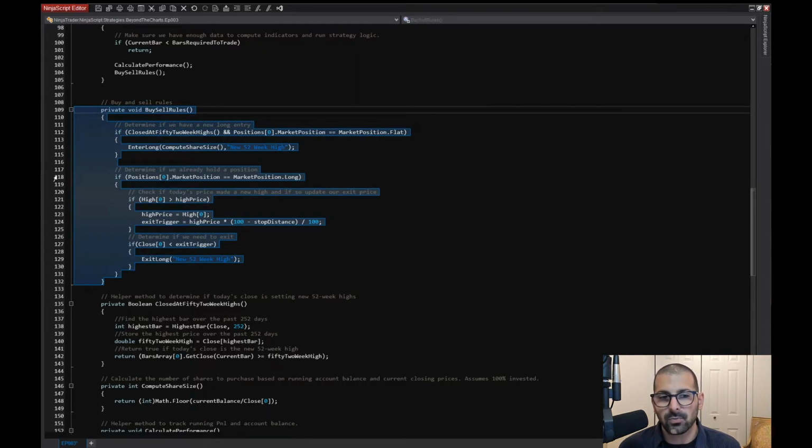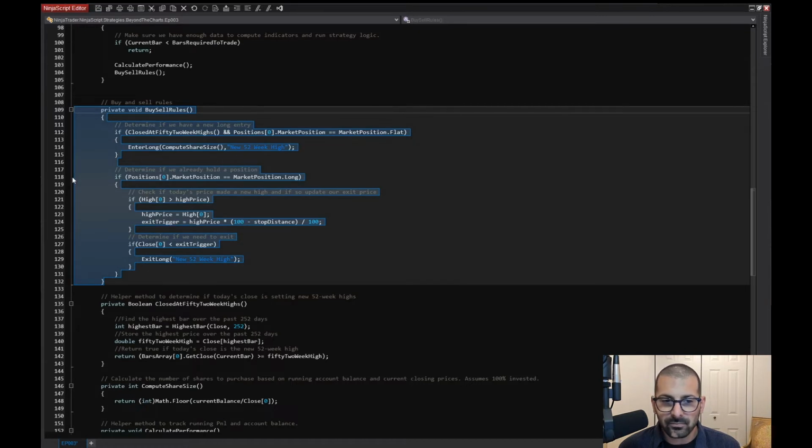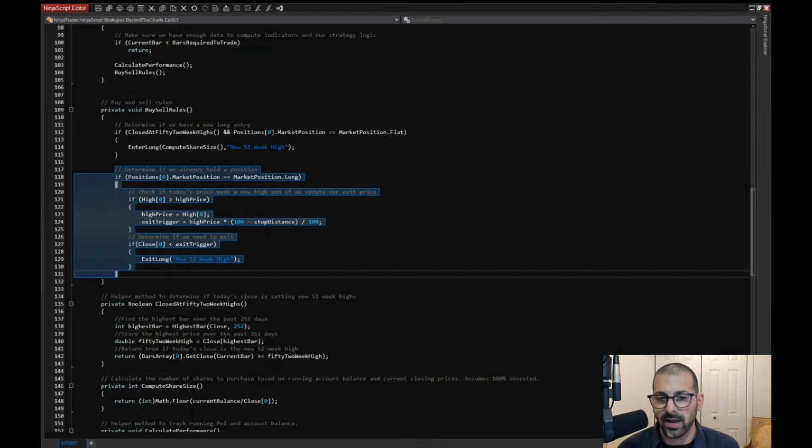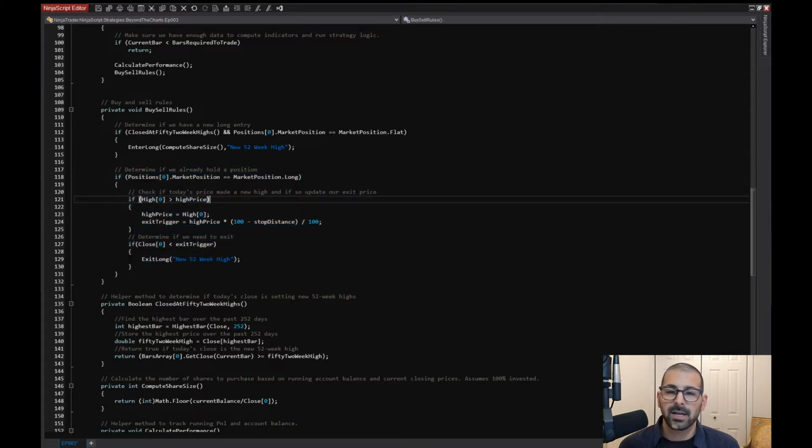Specifically, though, it's really lines 118 to 130. So this was really the code that got added here. And what this is basically doing is checking whatever the highest price is. It's setting our trailing stop loss every single bar that goes through. And then if it happens to be true, we exit the next day. So that's about the extent that I'll cover this.